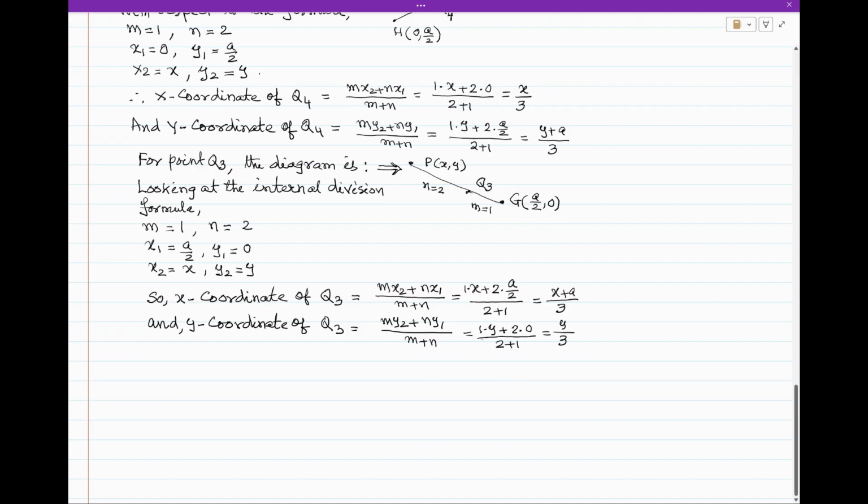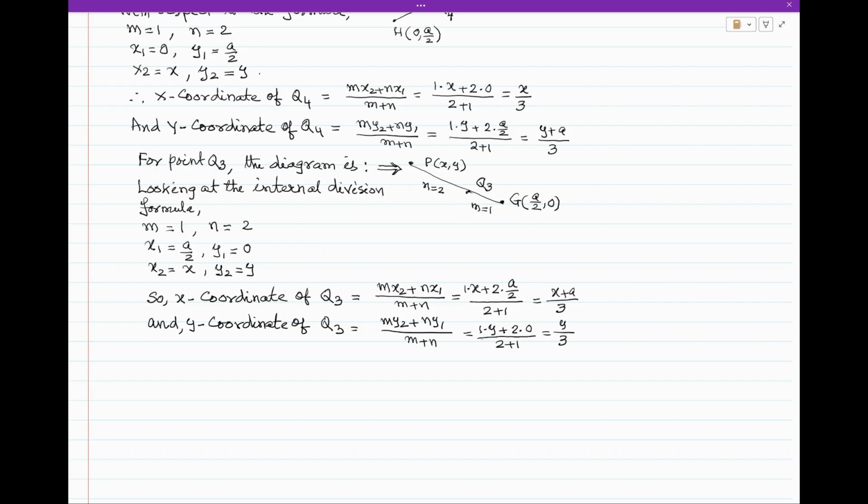Similarly, for point Q3, the diagram is given here. The point P is at x, y, point G is at a by 2 and 0, point Q3 is in between, and divides the line PG in the ratio of 2:1.